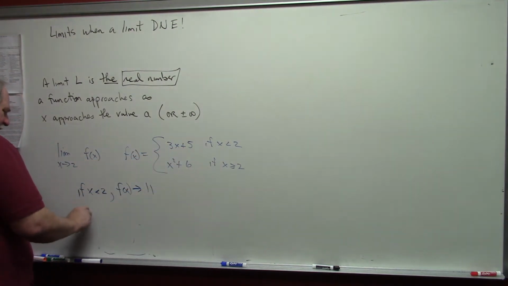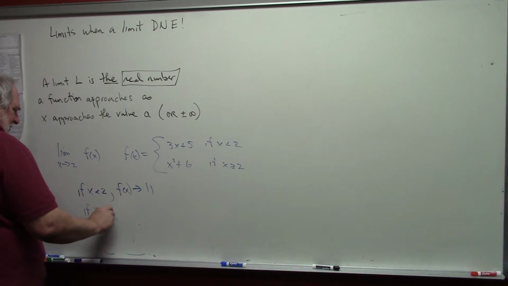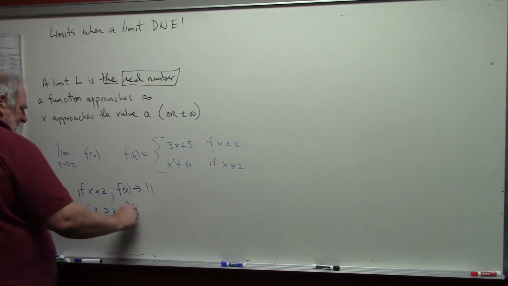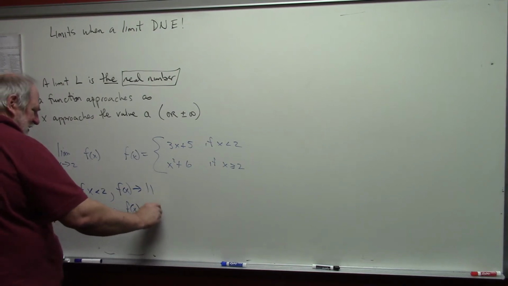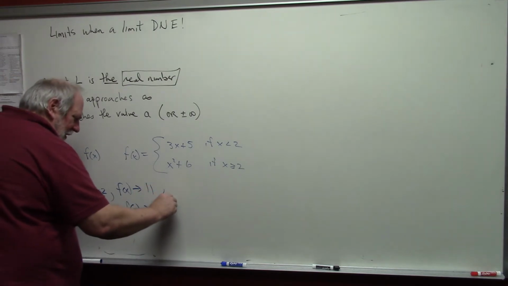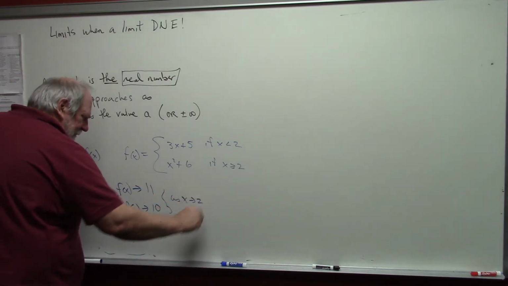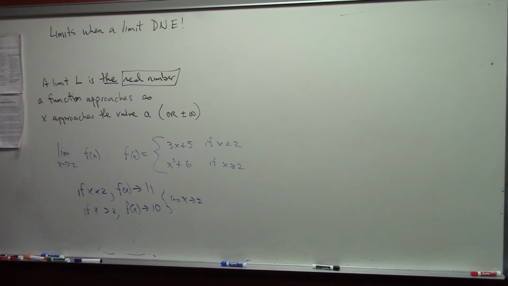However, if x is greater than 2, f of x approaches the value 10 as x approaches 2. So it depends on which side of 2 we're approaching from.